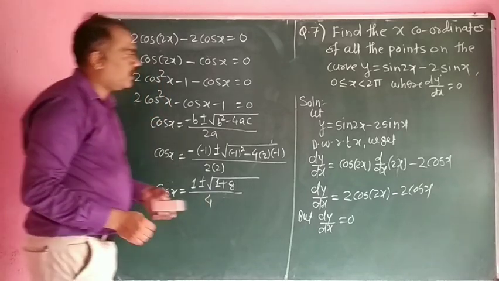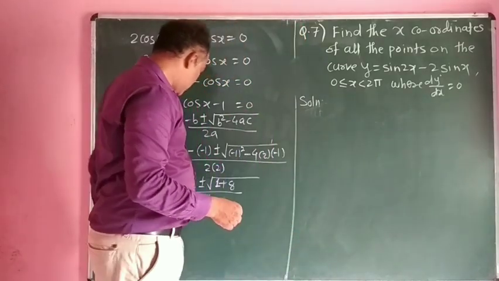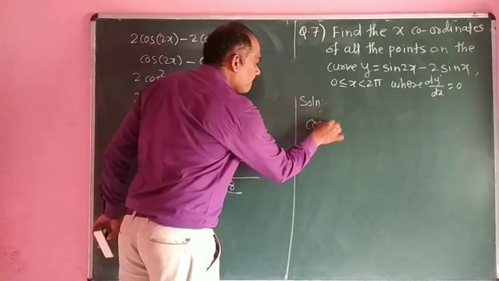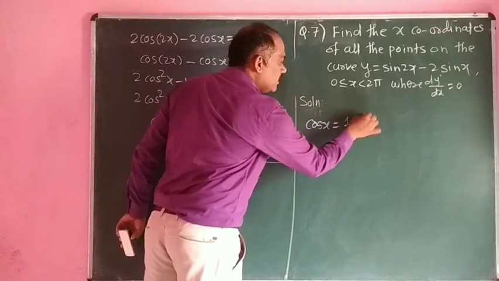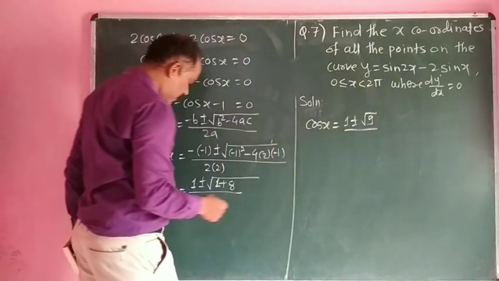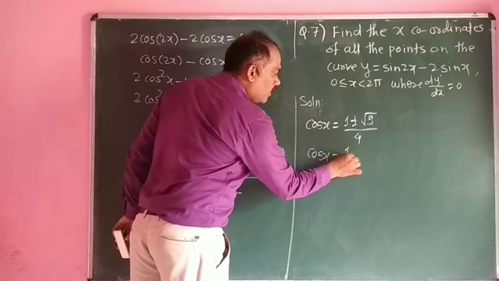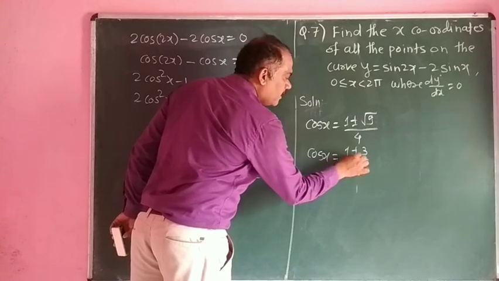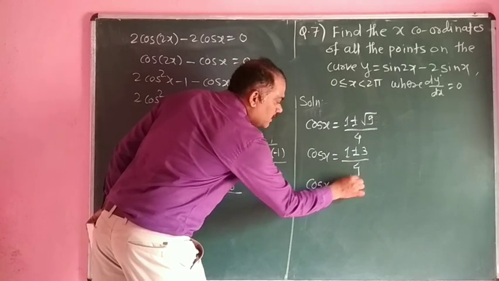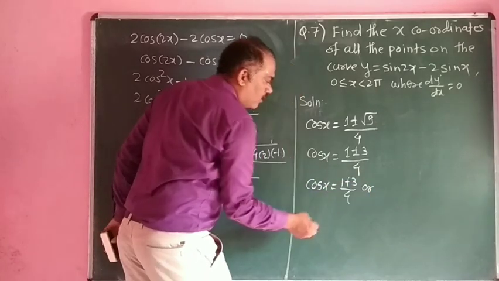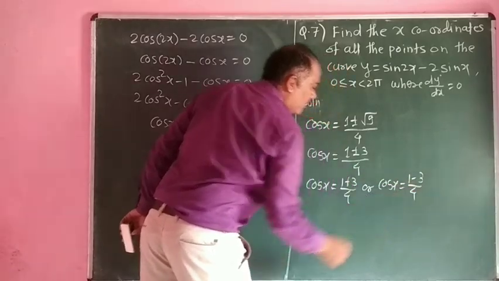So what do we get? Cos x is equal to 1 plus minus under square root of 9, divided by 4, that is cos x is equal to 1 plus minus 3, divided by 4. That is, cos x is equal to 1 plus 3 divided by 4, or cos x is equal to 1 minus 3 divided by 4.